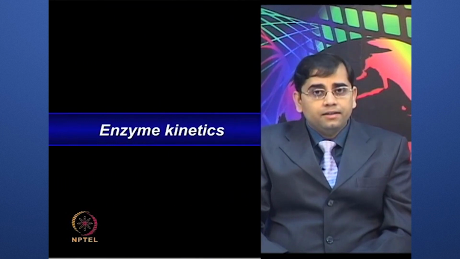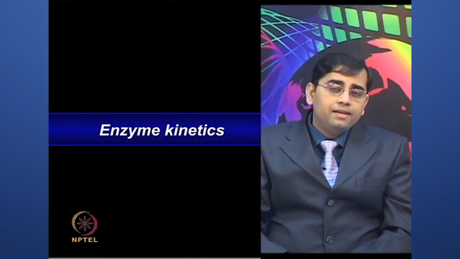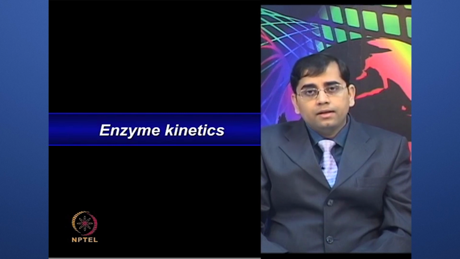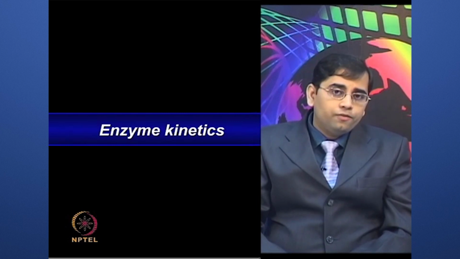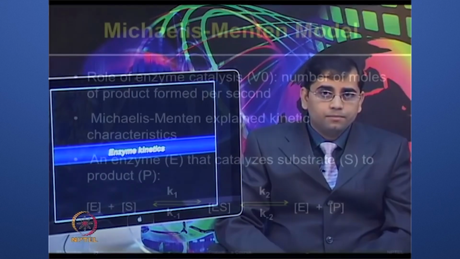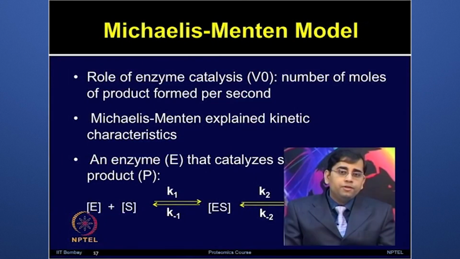Let us talk about enzyme kinetics. In 1913, scientists Michaelis and Menten derived a model to explain the concept of the enzyme substrate complex, which is fundamental to understanding enzyme reactions. The Michaelis-Menten model explained kinetic characteristics of enzyme catalysis.